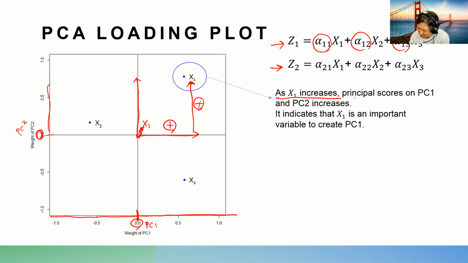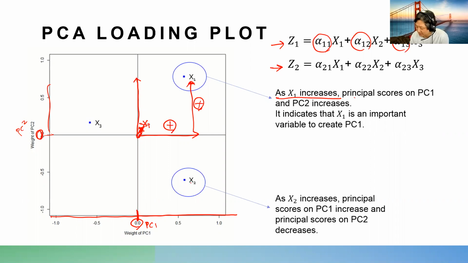So this x1 point doesn't impact the principal scores on PC1, right? What about PC2? As PC2 increases, our principal scores on x1 increase, right? It's positive. This is 0 and this is 1.